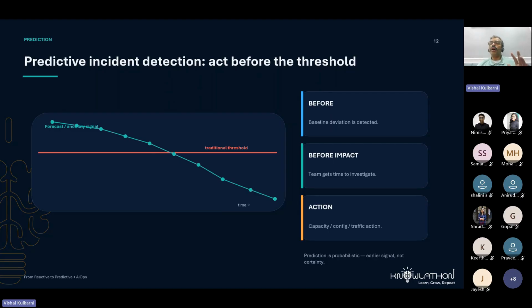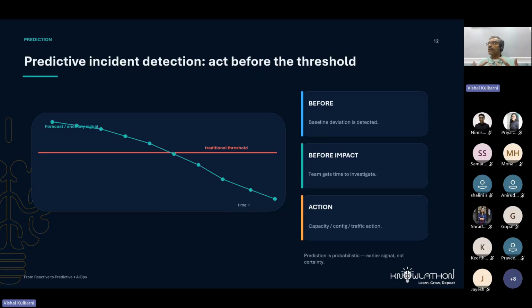You need the appropriate, complete solutions to fix that problem, and you need to make sure it does not occur in the future as well, which very rarely happens. But if you have the appropriate mechanism which investigates and identifies the patterns, it gives you the signals beforehand, before it hits the threshold, and the threshold is the placeholder where the degradation starts taking shape in the systems or the product and services.